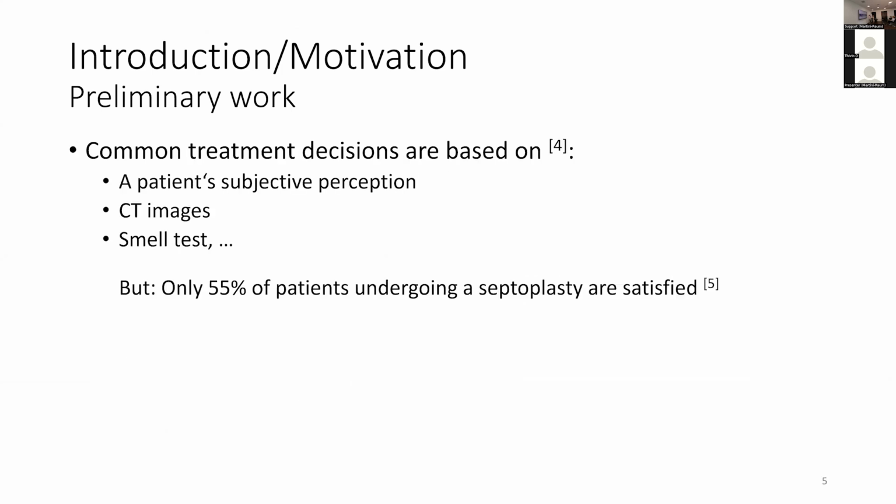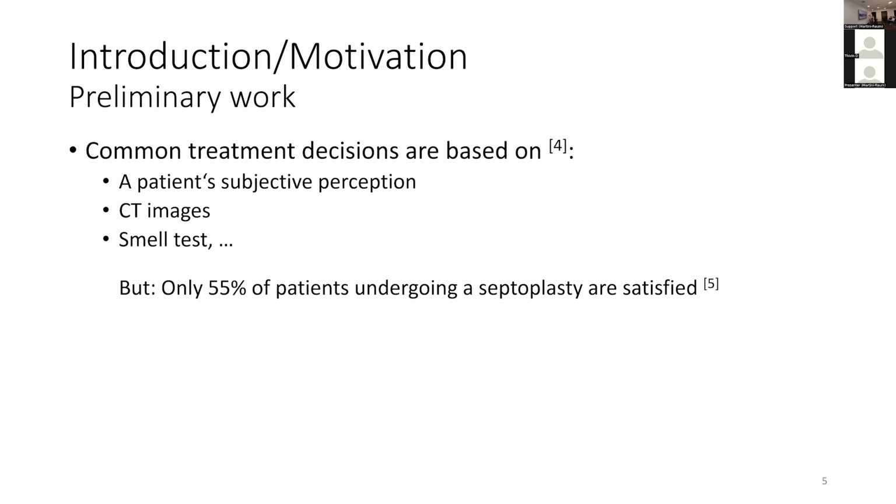This is the situation. Another problem is from our perspective, but also from doctors who approached us. We worked together with the University Hospital in Aachen. They said, okay, when the patient comes to our office or to the clinic, they can make a subjective perception, like a survey. They have CT images, smell tests, but when they perform surgery, they don't really know what they are doing.